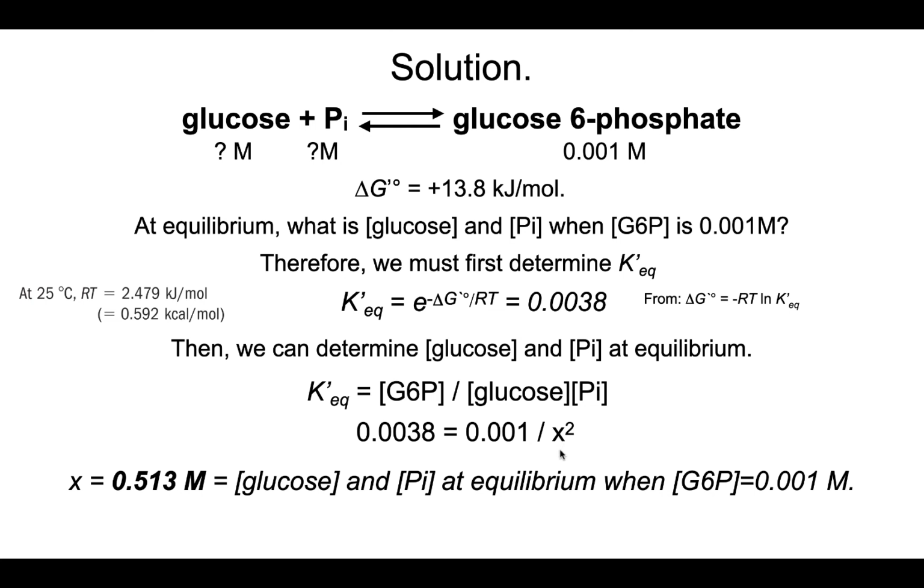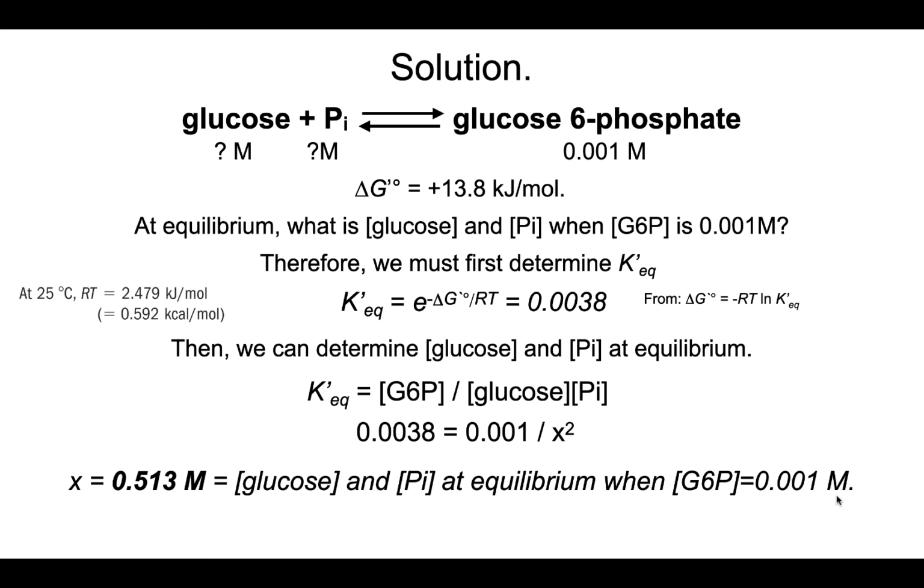Solve for x squared, and that means you get that the concentration of glucose and the concentration of inorganic phosphate is 0.513 molar at equilibrium when we start off with G6P at 0.001 molar.